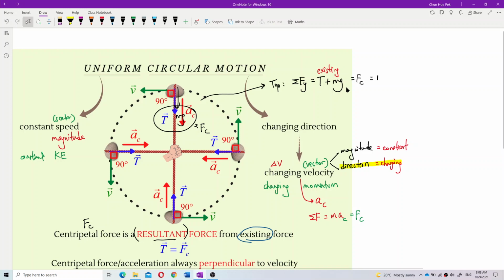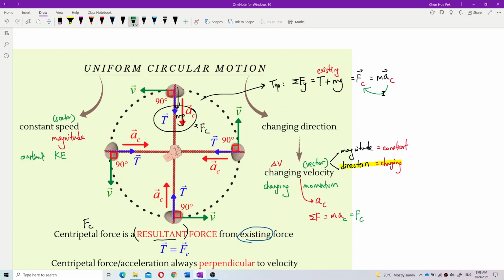The resultant force equals ma, and this acceleration becomes the centripetal acceleration, and this is the centripetal force. So when you have centripetal force, you must have centripetal acceleration. You see that?